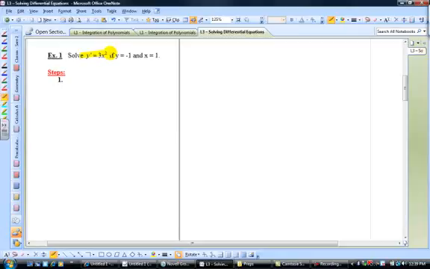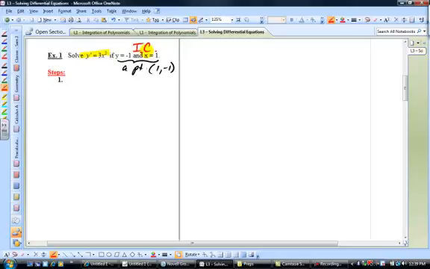What function do you differentiate to get 3x squared? But it also passes through the point y equals negative 1 and x equals 1. This is a point, 1 comma negative 1, and it's called the initial condition.